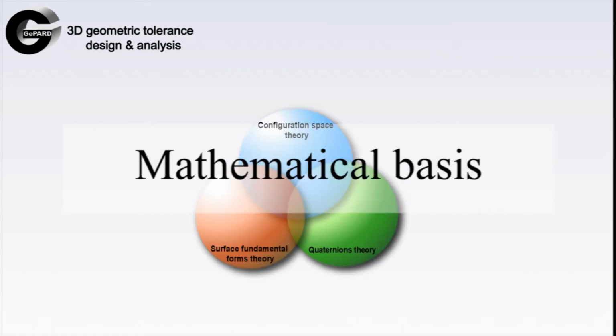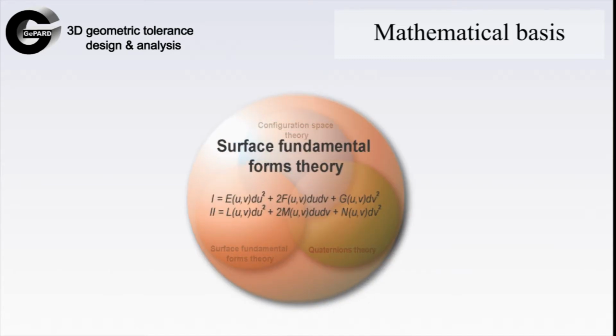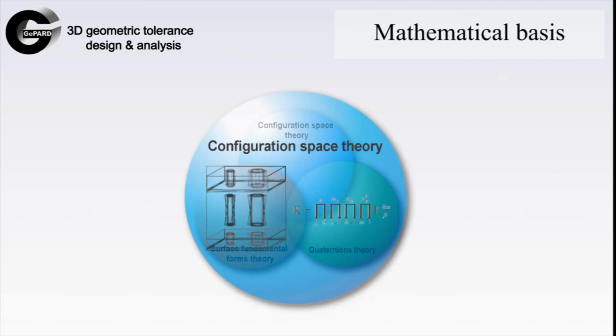Gepard is based on a novel approach to assembly modeling. It enables part and assembly geometry, taking into account dimensional and geometric tolerances, to be represented in a general way and allows analyzing assemblability at the early design stage. The novel approach is based on three theories: fundamental forms theory, quaternions theory, and configuration spaces theory.